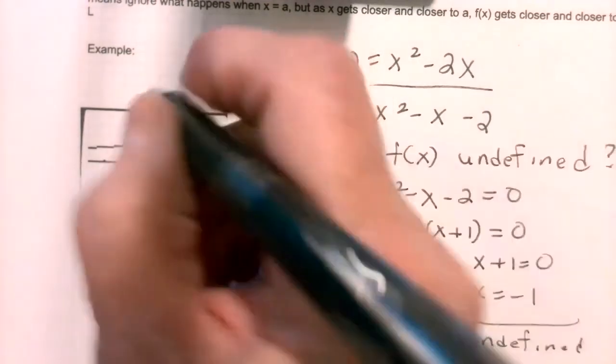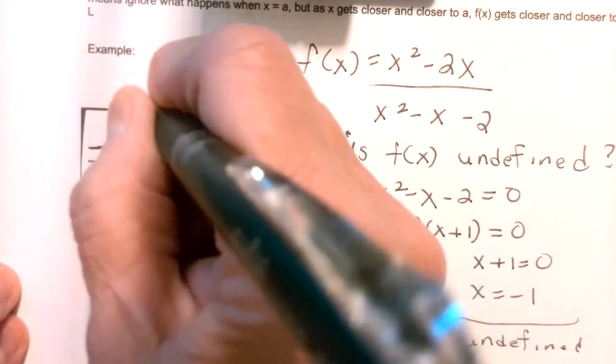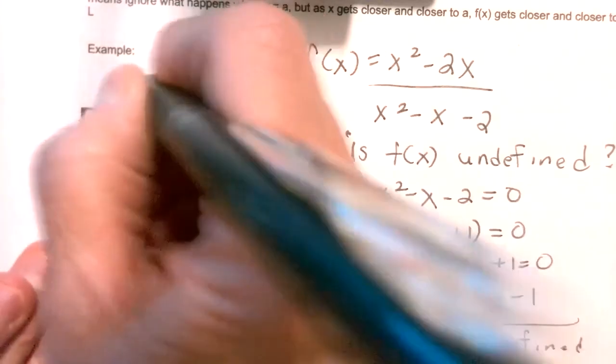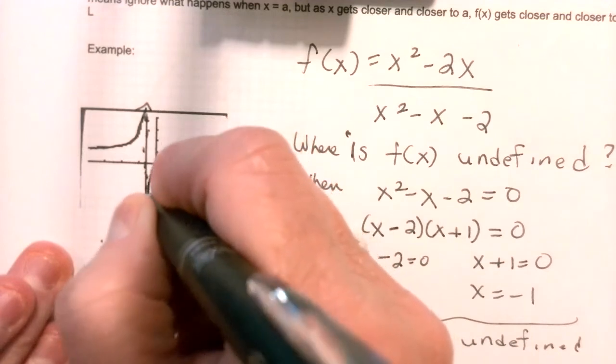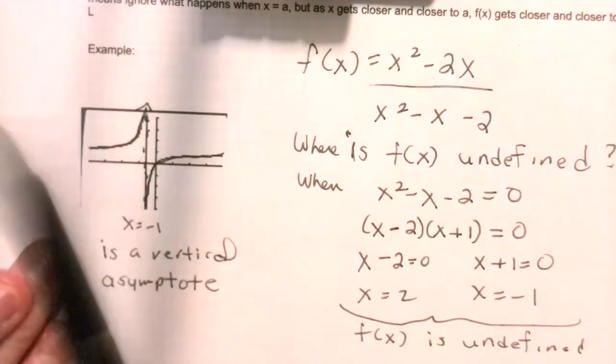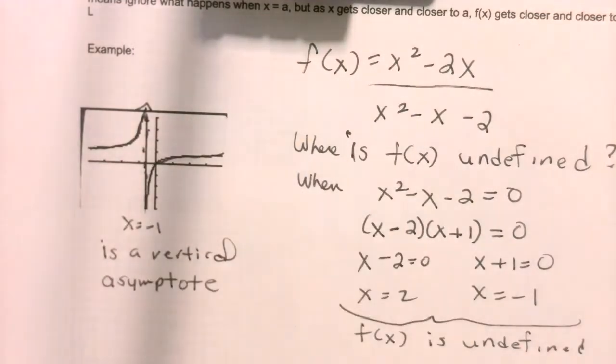What f of x is doing is, coming in from the left, it's going up, and as it comes in from the right, it's going down. And it never actually touches that line, so I shouldn't have it touching.